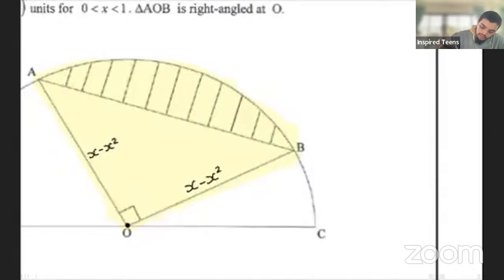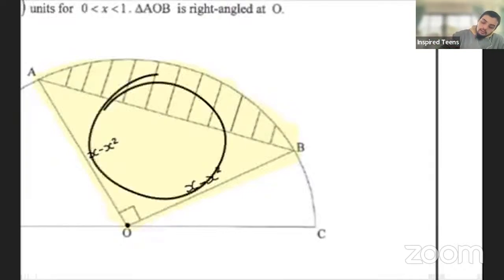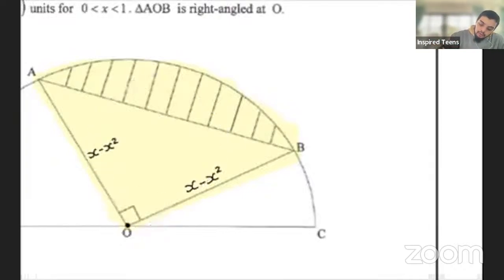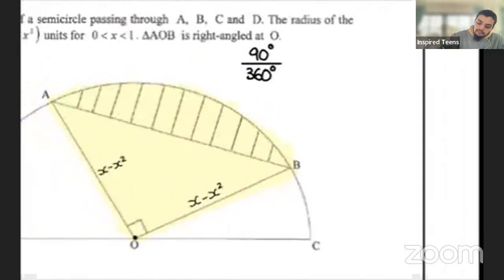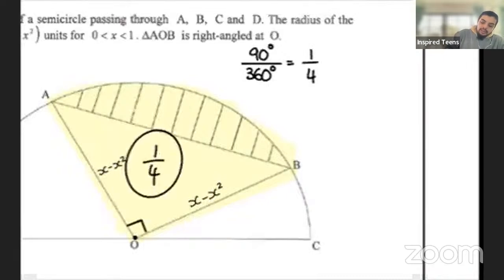This is a 90-degree angle, so we can calculate how much of the circle the sector is. We take that angle, 90 degrees, and divide it by the total angle inside a circle, which is 360, and that gives you 1/4. So a sector created with a 90-degree angle is always going to be a quarter of the circle. So this entire yellow shaded region is a quarter of the circle.